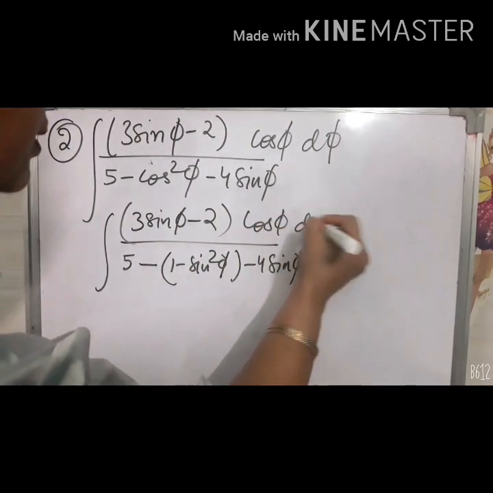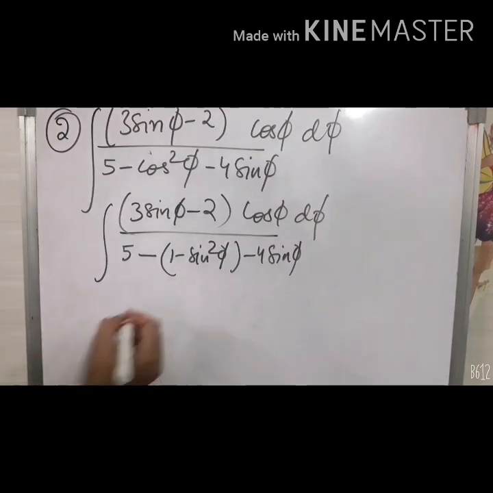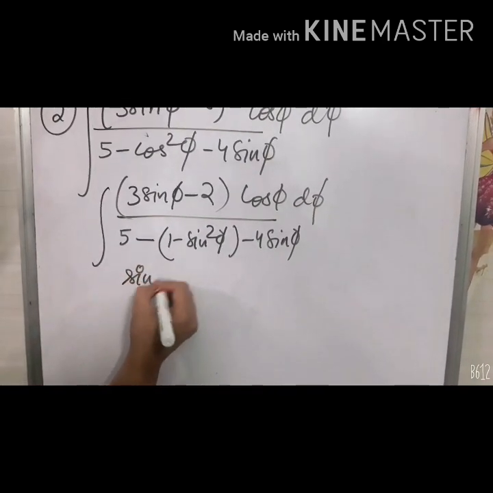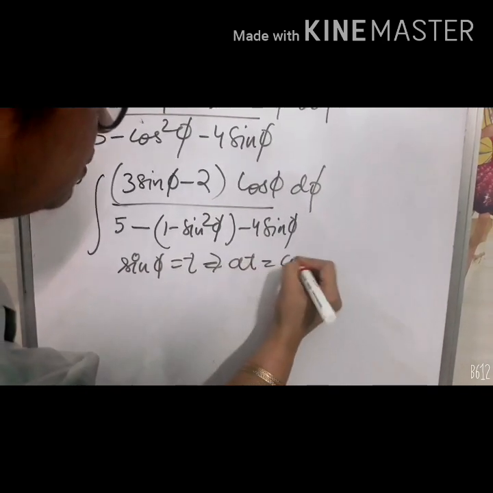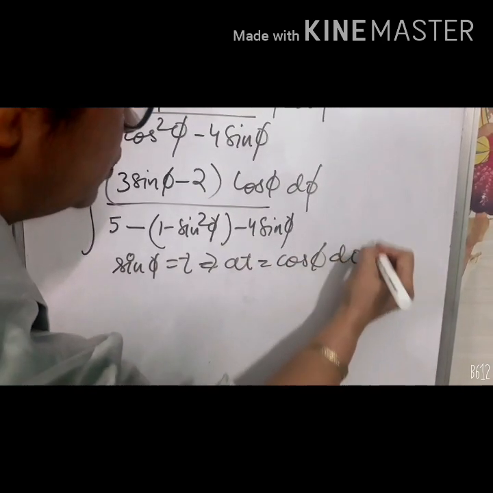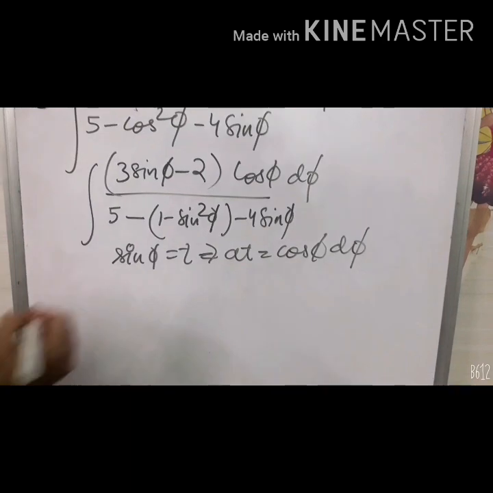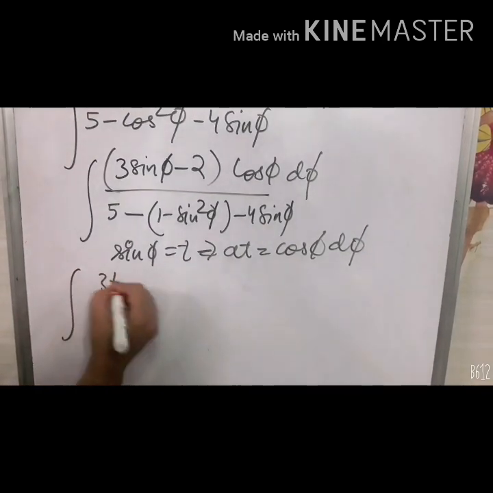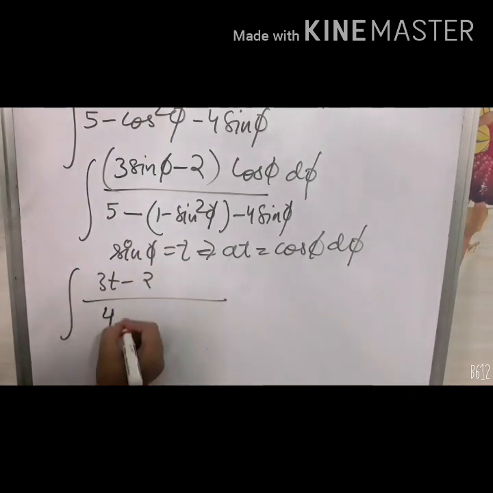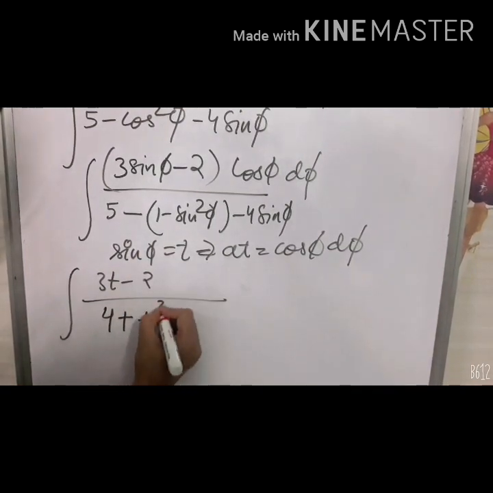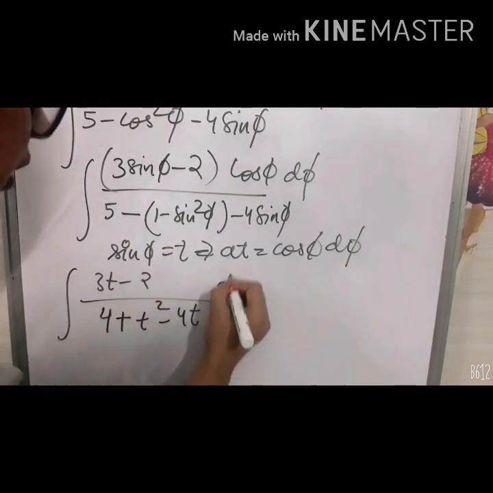Okay? Now, I will take sin phi as t. So dt becomes cos phi into d phi. Understood? It becomes 3t minus 2 by 5 minus 1 is 4 plus t square minus 4t into dt.